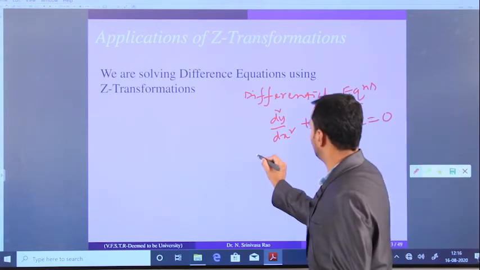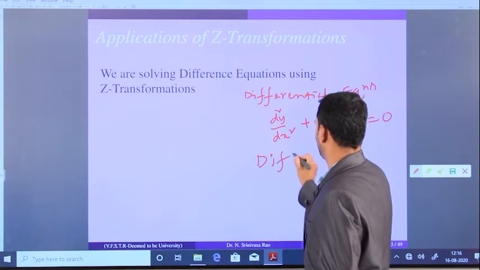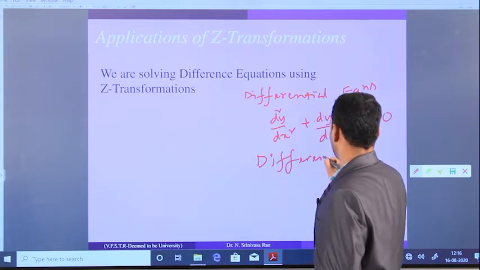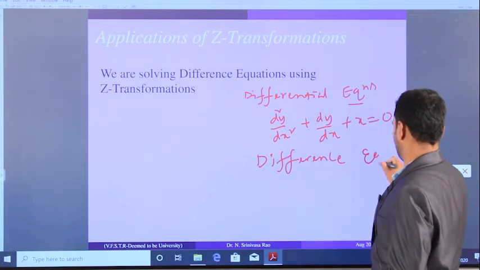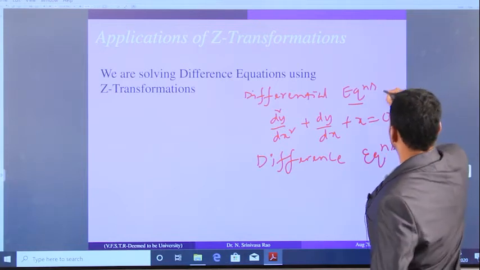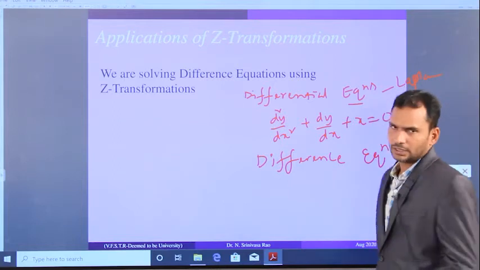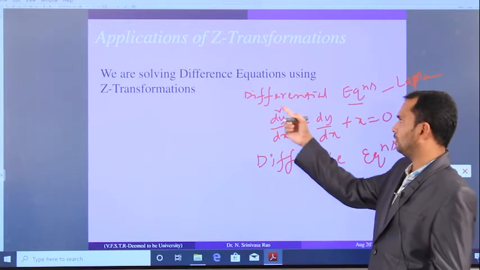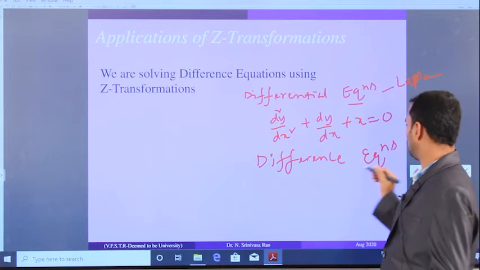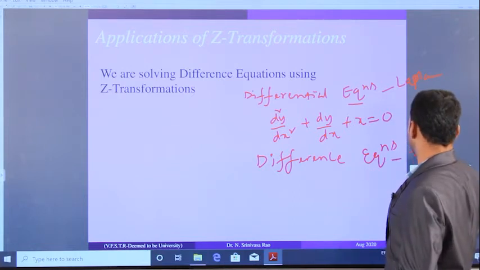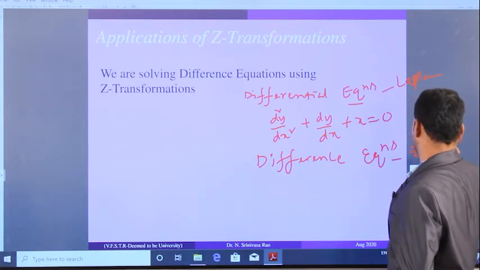Now what is a difference equation? We use Laplace transforms to solve differential equations. Now we are using Z transforms to solve difference equations.